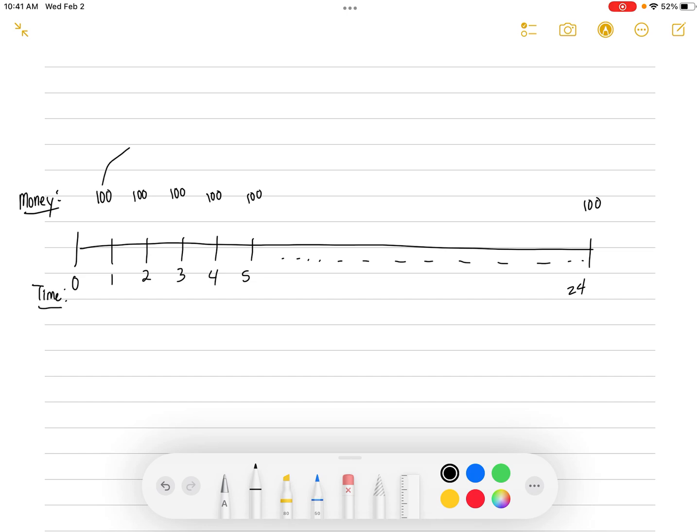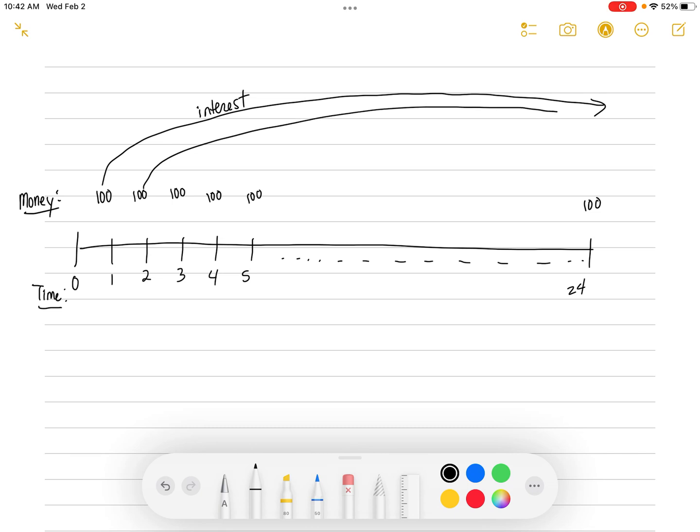Now, when you pay $100 at the end of the first month, over the next 23 months, it's going to accumulate interest. It's going to grow, right? That money's going to grow. And also, the money that you pay at the end of the second month is going to accumulate interest, and the money at the end of the third month is going to accumulate interest.